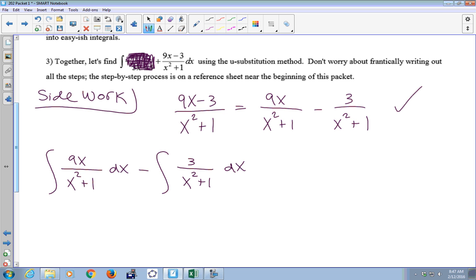Actually, maybe I should write it not separated first. Okay, so I broke my initial fraction into two fractions. And then we had this rule about integrals that when you're taking the integral of a sum or a difference, you can break it into two integrals.